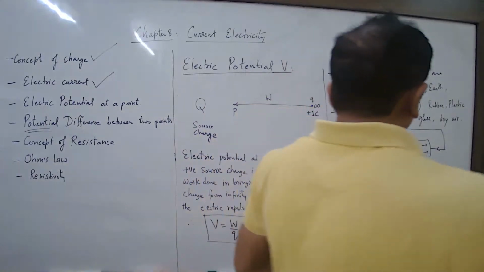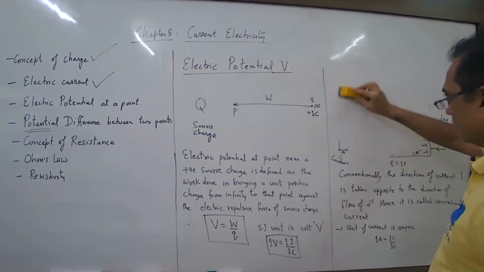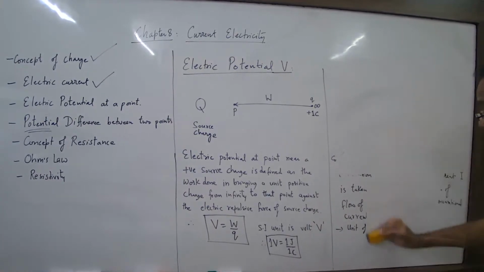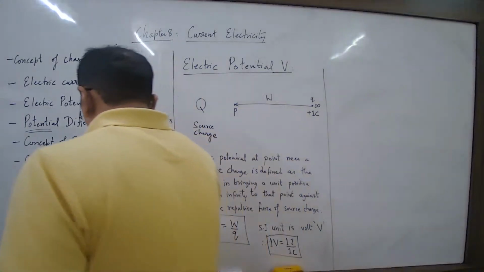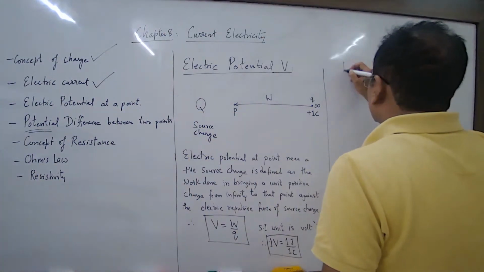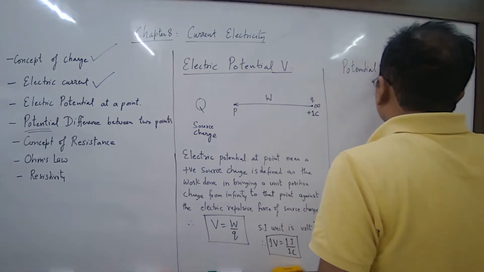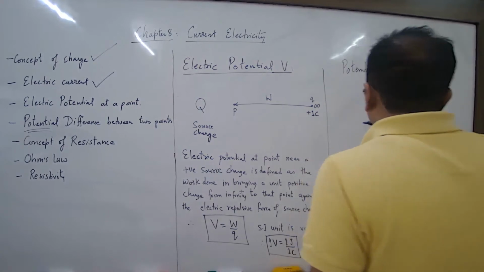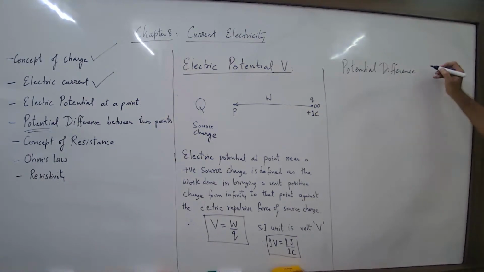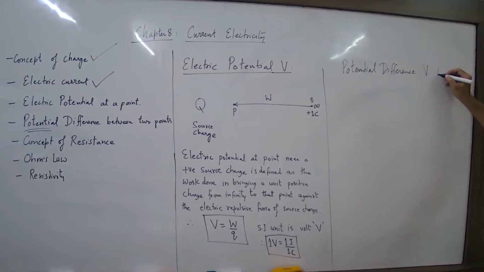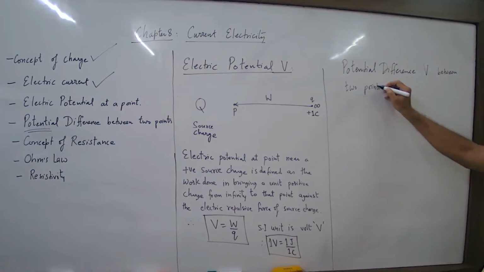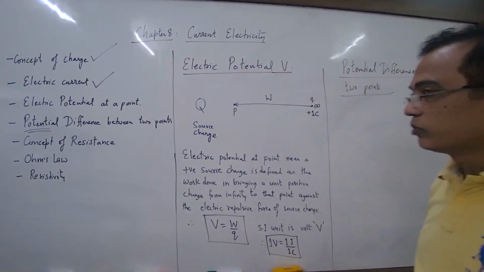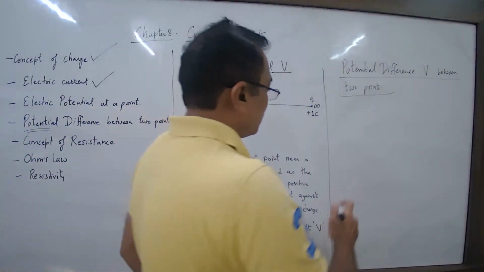Now we will see what the potential difference is. Potential difference is also V, between 2 points. Now we have to define potential difference. So again we take a source charge.